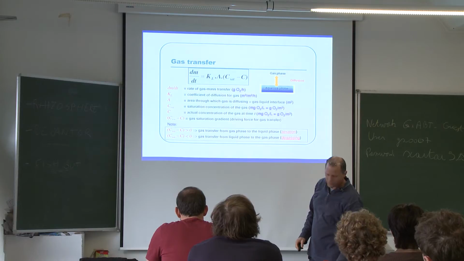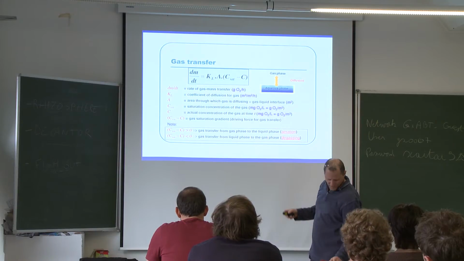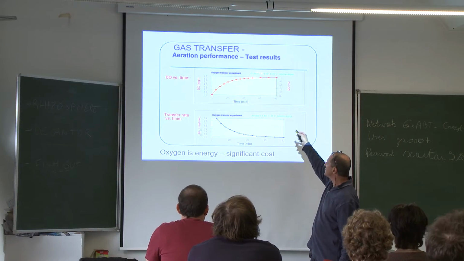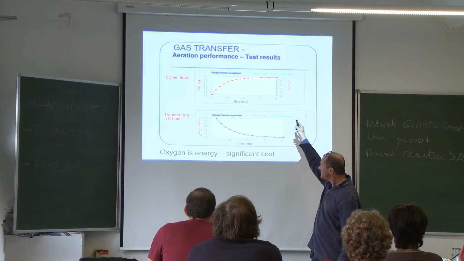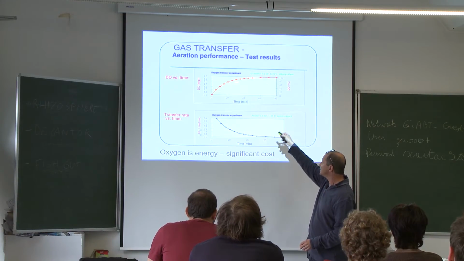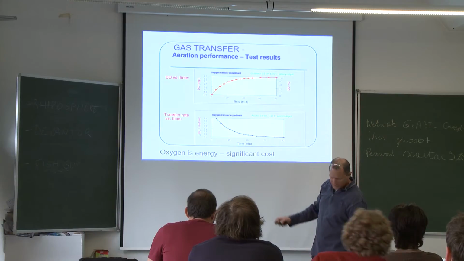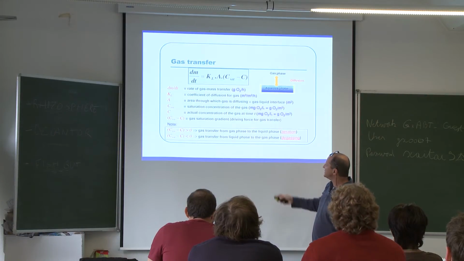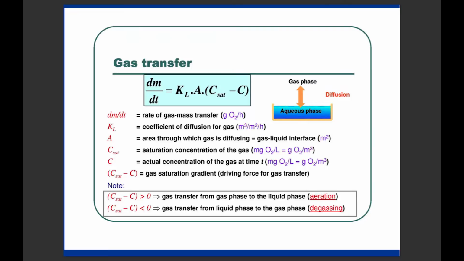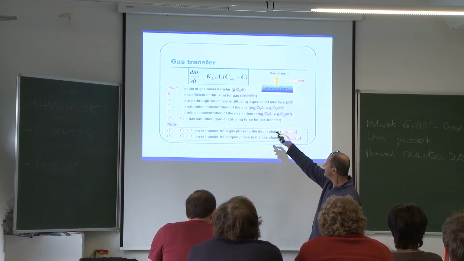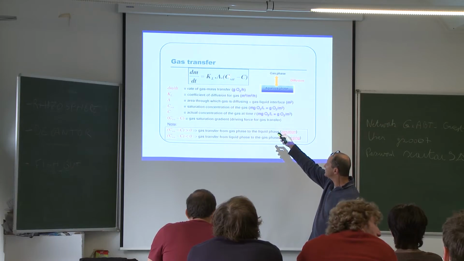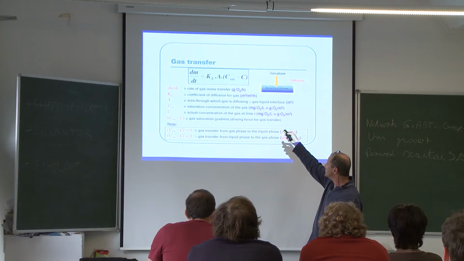So we can determine these equations and figure out what the line would be for each one of these devices. The rate of gas mass transfer equals a coefficient of gas diffusion, times the area through which gas is diffusing, times the difference between the saturation concentration and the actual concentration.